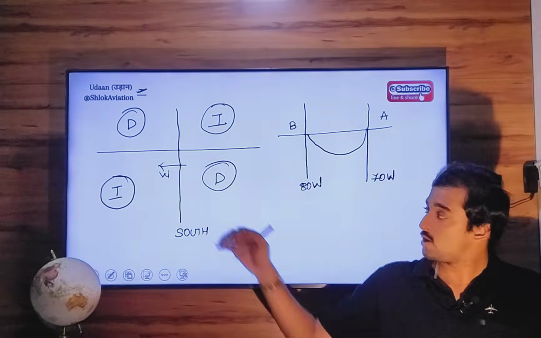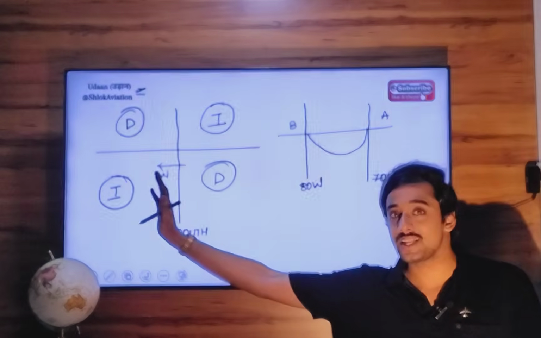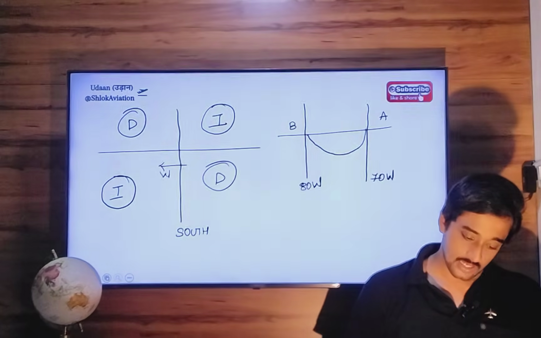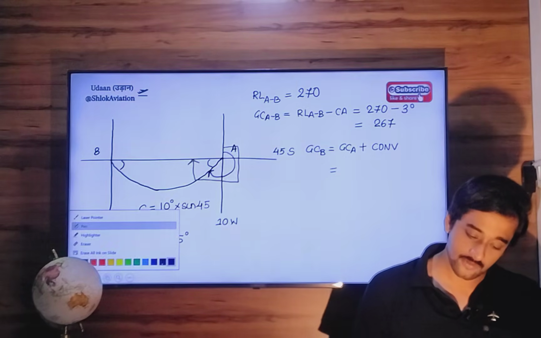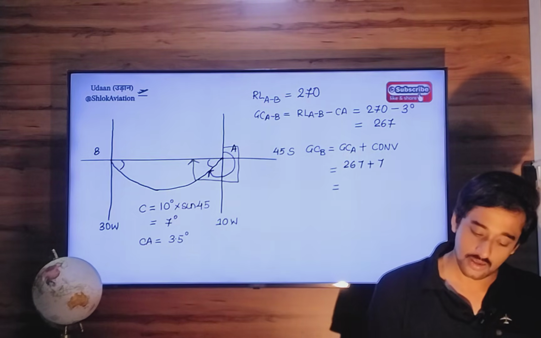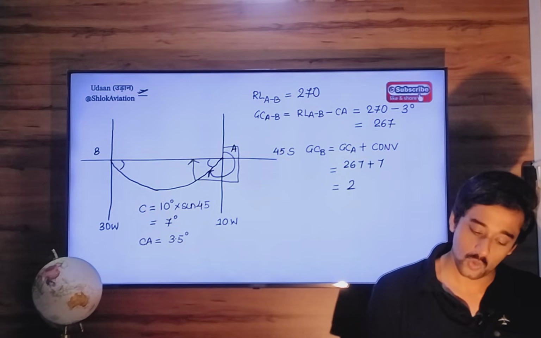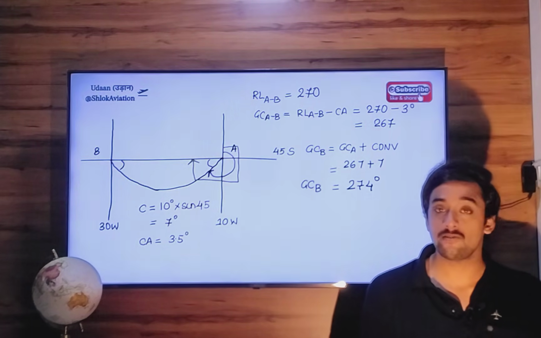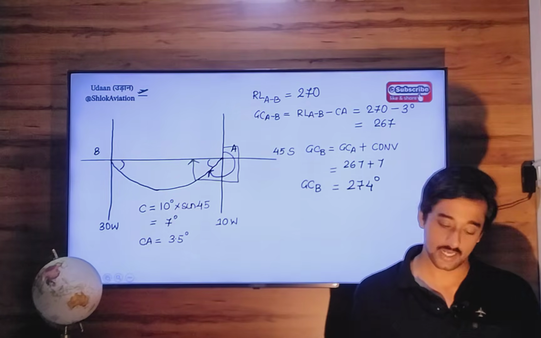So when you are in the south hemisphere and you travel westerly, the great circle track increases. That's why we have added: 267 plus 7 is 274 degrees. So great circle at arrival at B will be equal to 274 degrees.